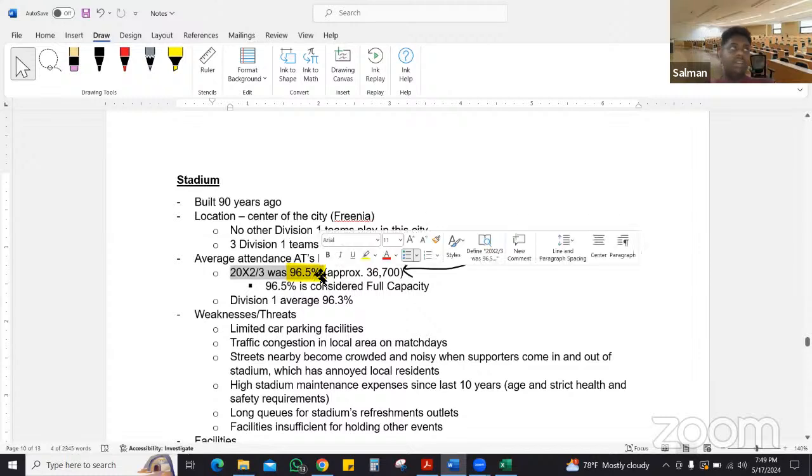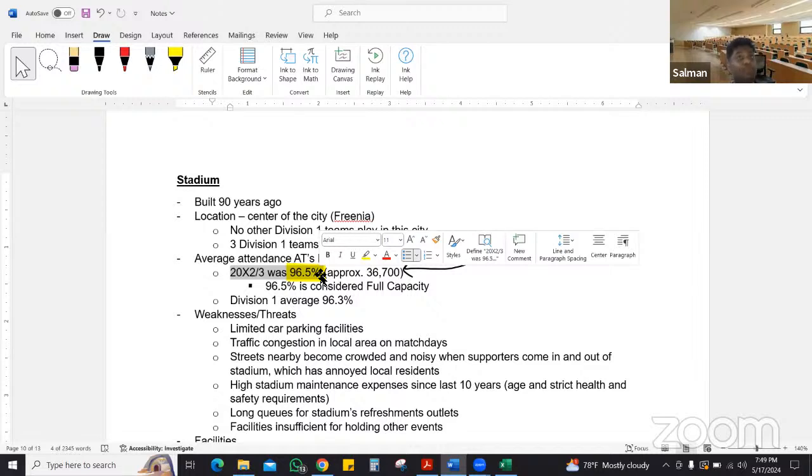So this can provide us hints that when our performance has been declining, when we do not have any recent championships, still we have full capacity. It could be either fans still love us a lot, or it could be that there is more potential of sales.